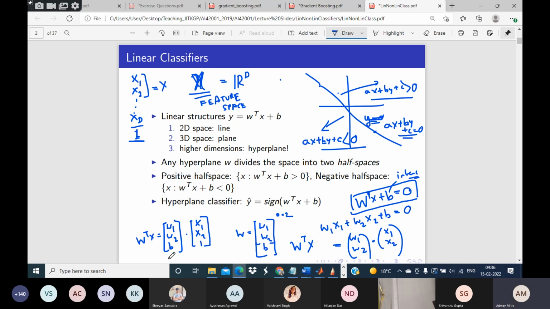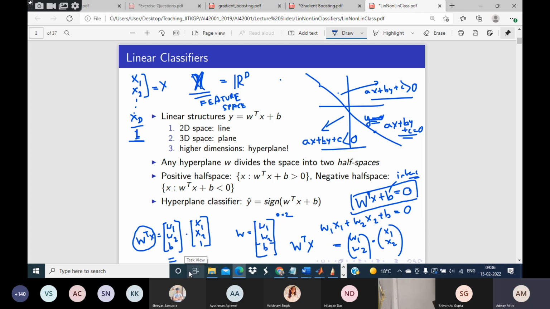As you can understand, this is nothing but W1x1 plus W2x2 plus B itself. So instead of writing W transpose X plus B separately, I can just write it as W transpose X, but it has to be understood that X now contains an extra dimension whose value is fixed at 1, and W also contains an extra dimension which is basically the intercept.